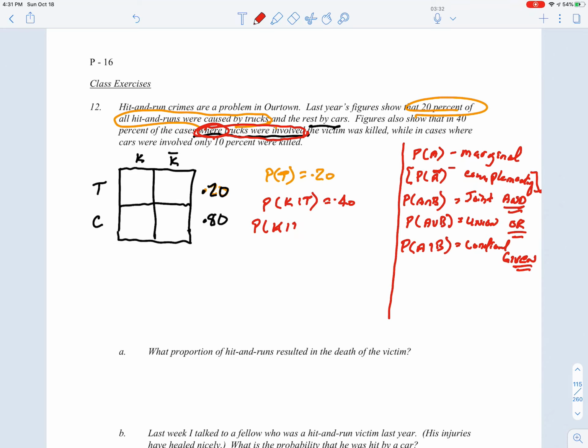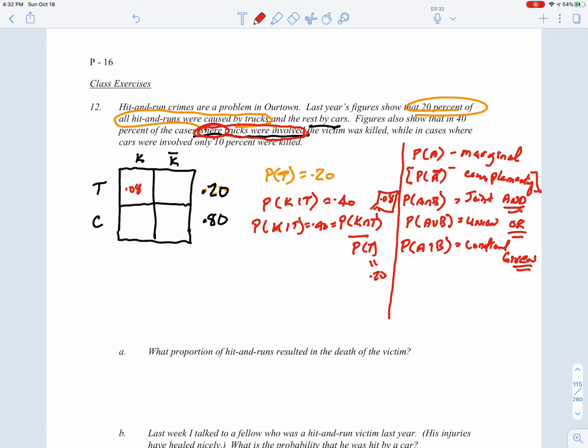The probability of k given t, which is equal to 40%, is equal to the probability of k and t over the probability of t. Now, we know that 20% were hit by trucks. And so that's going to be 40% of 20%, which is 8%.